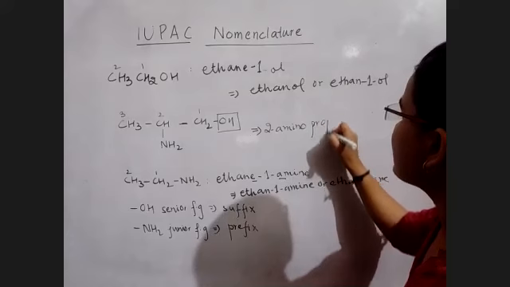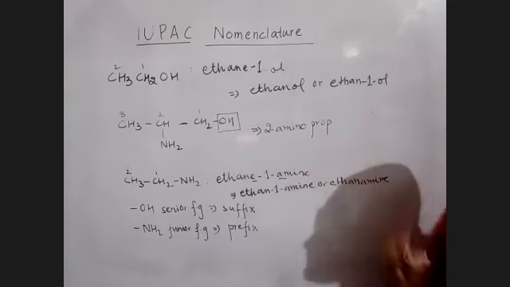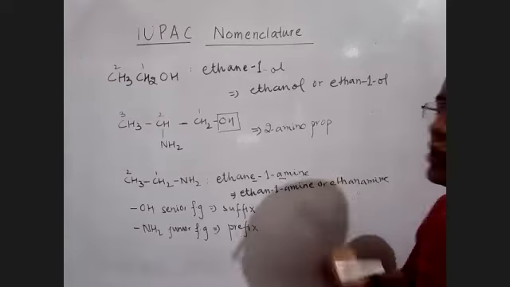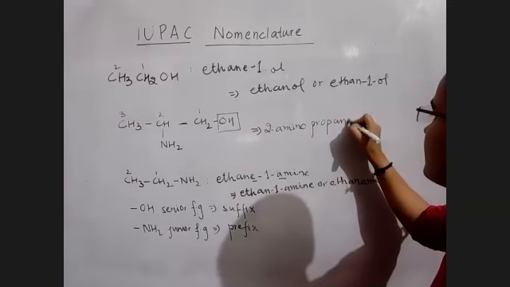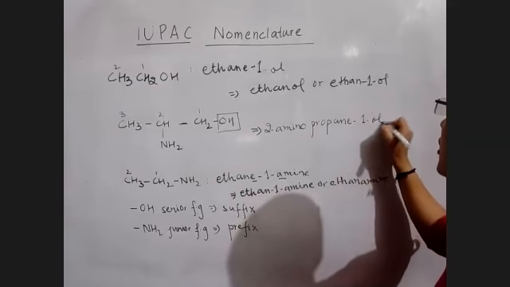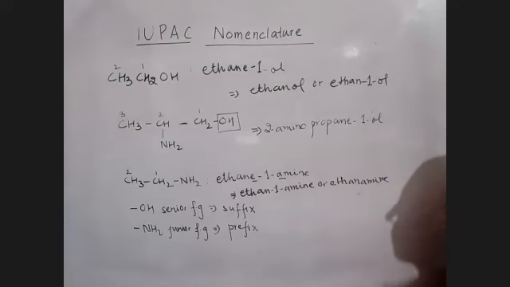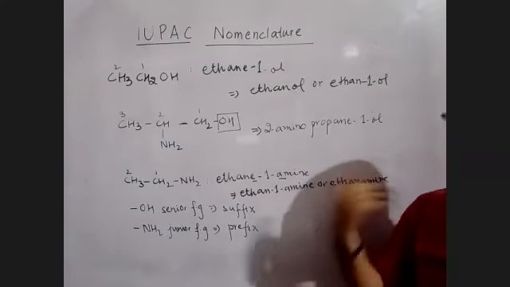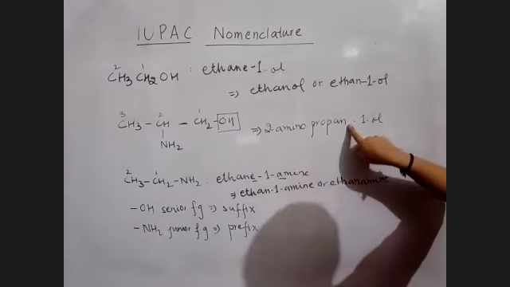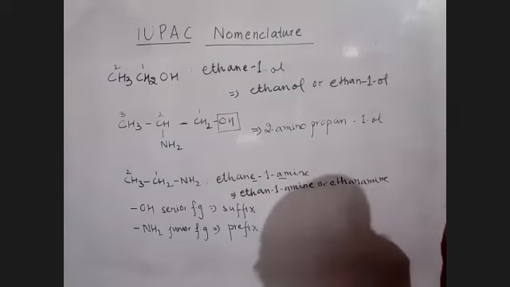All carbon atoms are in a single chain. So what will be the word root? Word root is prop, then an, then ol. Two vowels, can two vowels come together? No. So E will be removed. This will be the name.